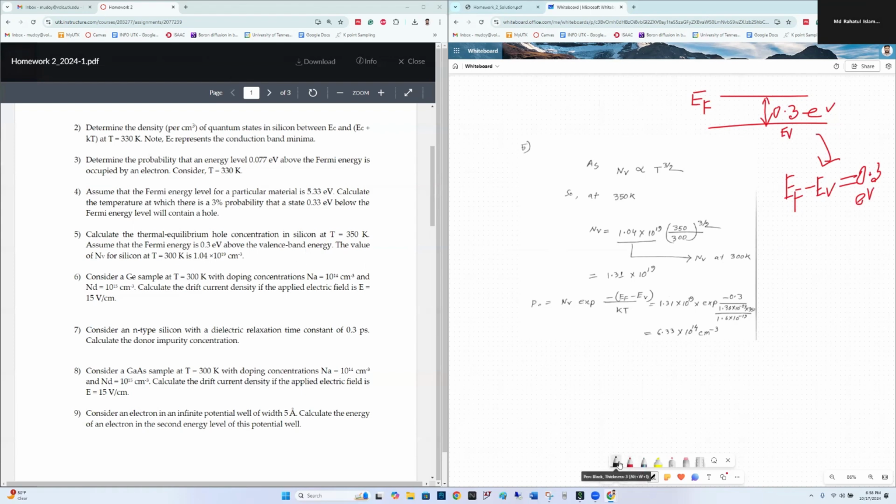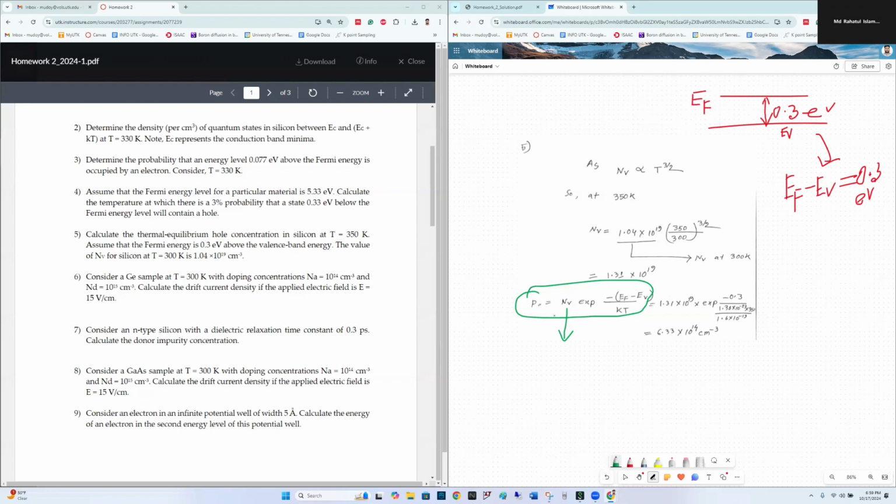To calculate P naught, we have to write the equation. Let's see which parameters we already have and which we have to calculate. P naught is equal to this. We do not know NV yet. Yes, there is NV given, but at a different temperature.